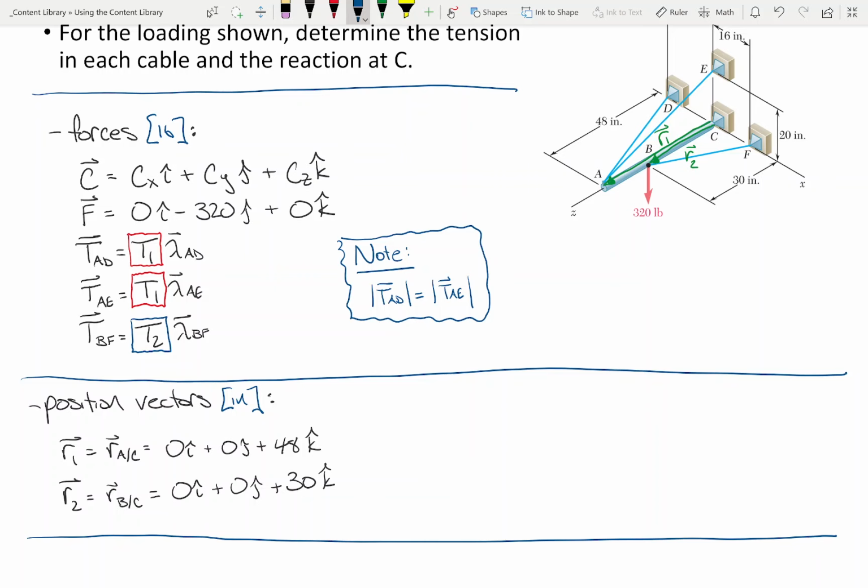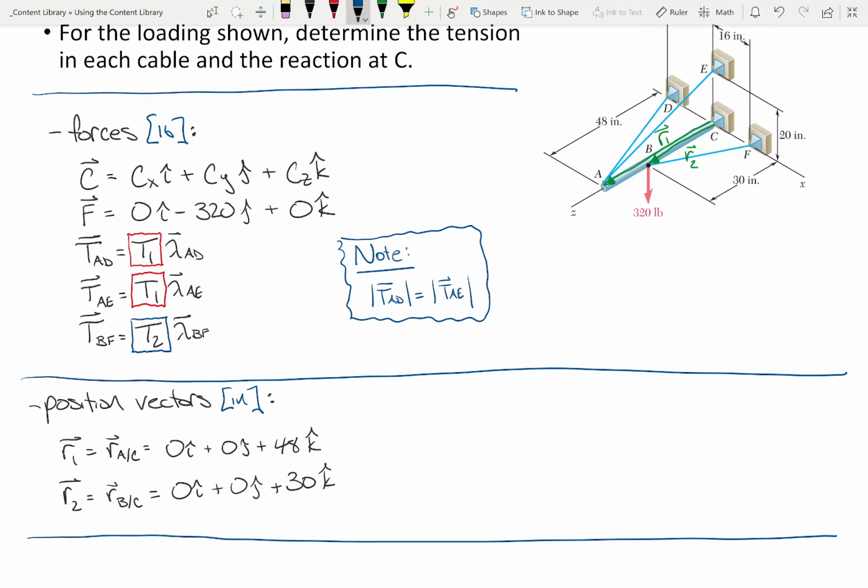We've got BF, which is R2. Am I missing one? The force, the 320, right? So I've got the moment due to that force, which is R2 crossed with that force vector, that applied load of 320 pounds. That's how many cross products I'm going to have to do, right?